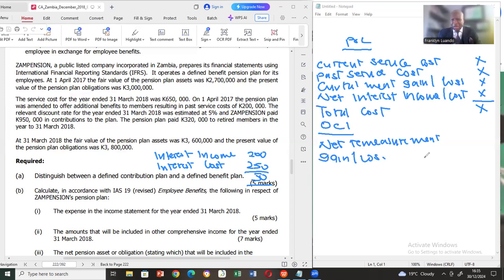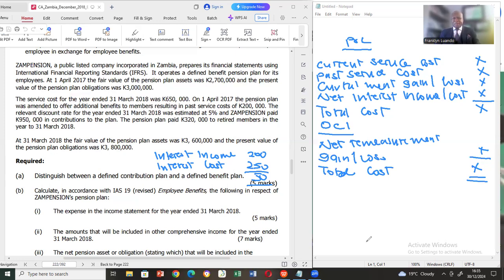So this one will go under other comprehensive income. And this will give us the total cost. That is very, very important.